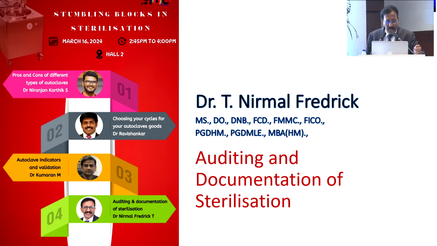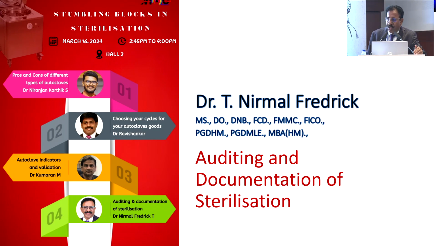Usually the process aspect is done by our staff, and most of us won't be in the picture. As long as it goes positively, no issues. But if something happens, then we are more bothered about this auditing and documentation aspect.